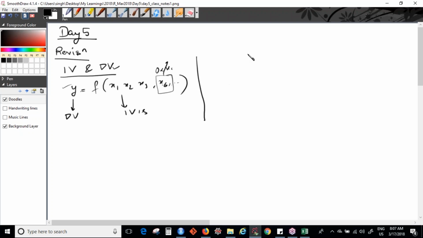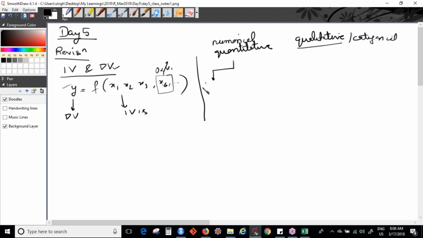The other classification that we saw was that of numerical or quantitative variables, and on the other side qualitative variables. This is quantitative and this is qualitative or categorical. Within quantitative we saw mostly two types, continuous and discrete.